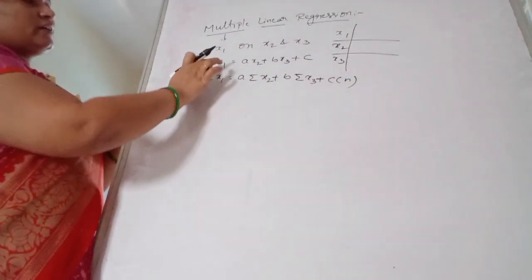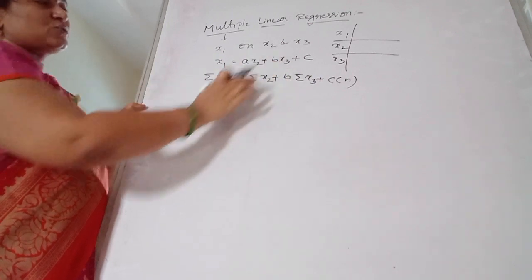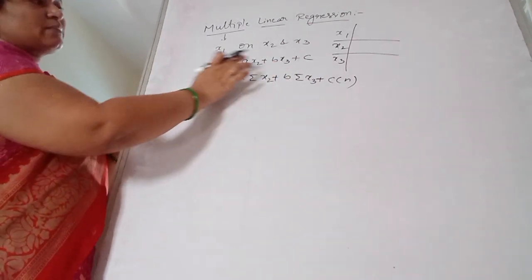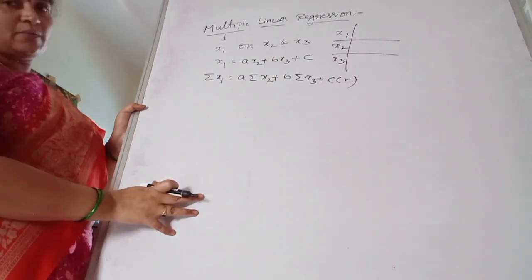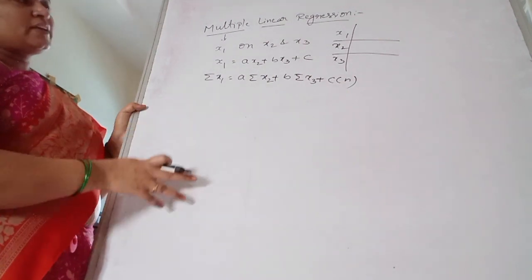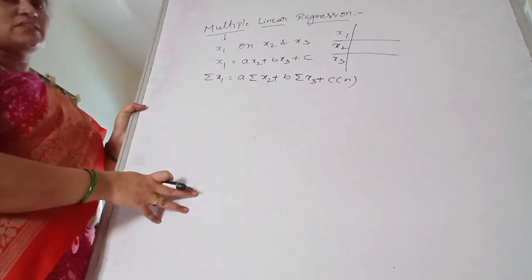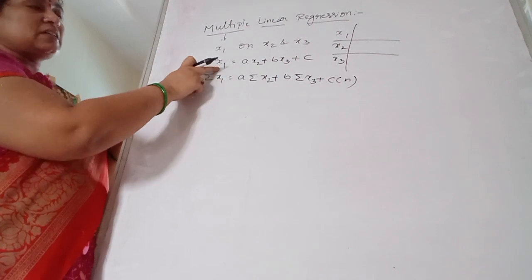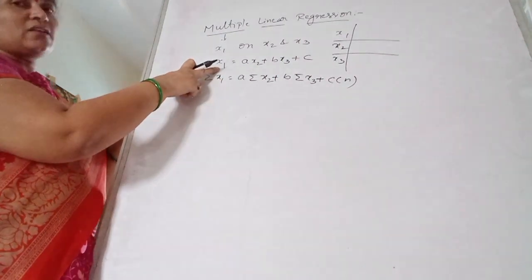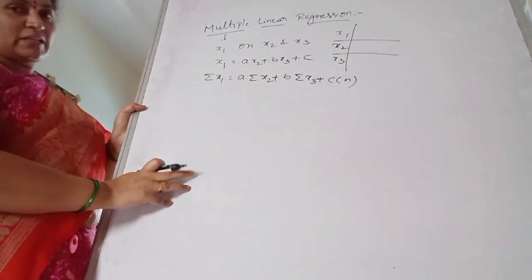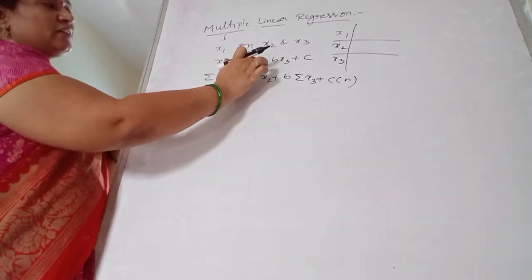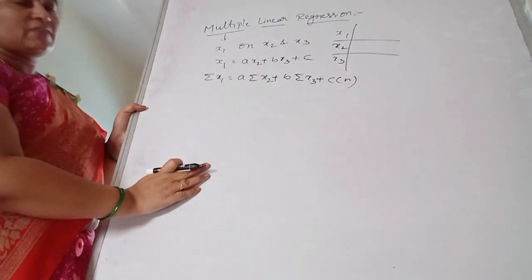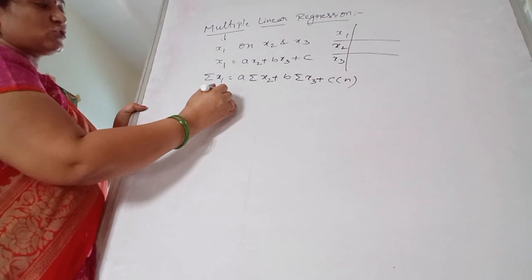Here x1 is dependent on x2, x3. So x1 is the dependent variable and x2, x3 are independent variables. The next two normal equations are formed by multiplying this linear regression line with the independent variables. First we multiply this linear relationship with x2, both sides.